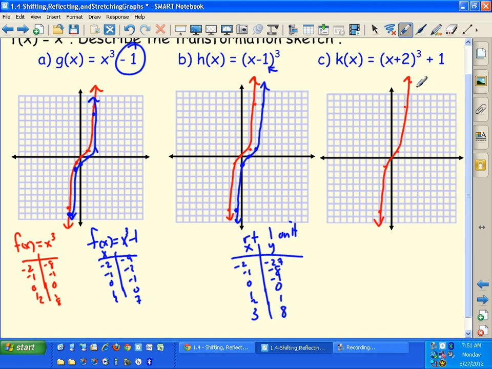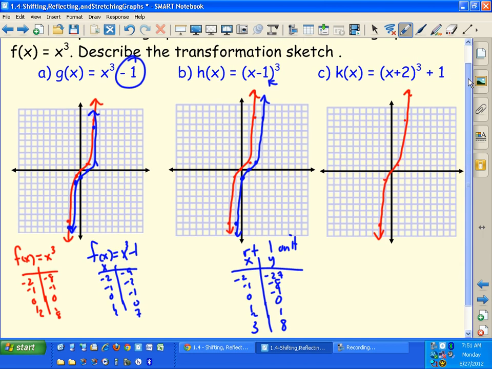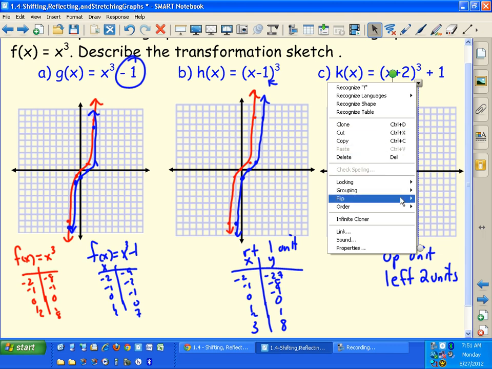So to get a quick sketch of this, I should know that this graph right here is up 1 unit and basically to the left 2 units. Now I could go ahead and make a table like that, but I'm actually going to just move it because that's how I know. I'm going to copy this. There it is.